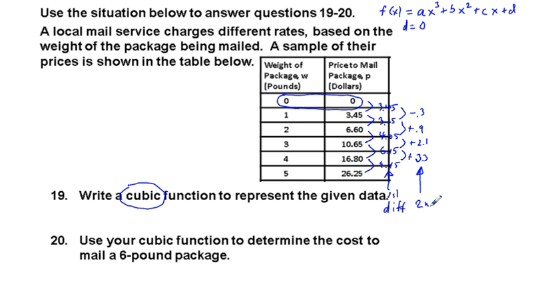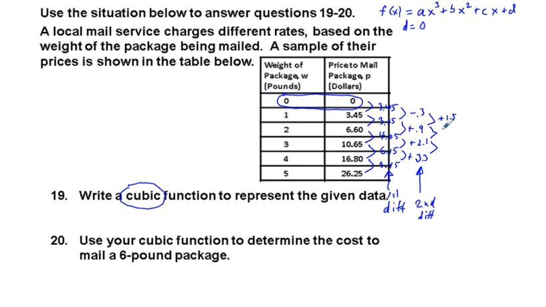And since they are not the same, we say, okay, we don't have a quadratic function. The last one we're going to look at is our third differences. 0.9 minus negative 0.3 is going to be plus 1.2.